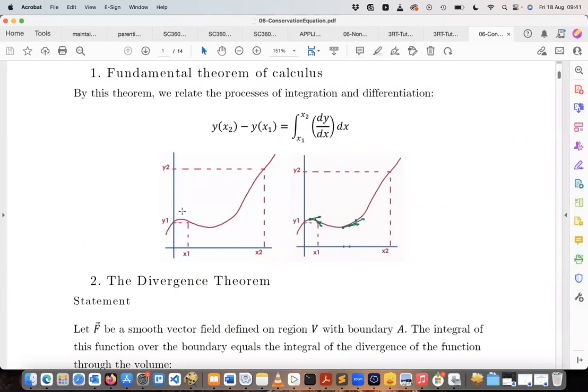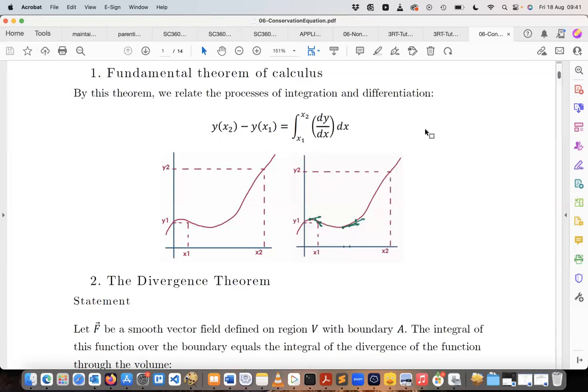If we have some function, y of x, and so you can see some arbitrary y function shown here, plotted y on the y-axis and x on the x-axis. Then if we pick 2 points, x2 and x1, then we can say the difference between these two values, right? Looking at this value and this value, the difference between those two is equal to the integral that we get when we add up all the contributions from the gradients in between, right?